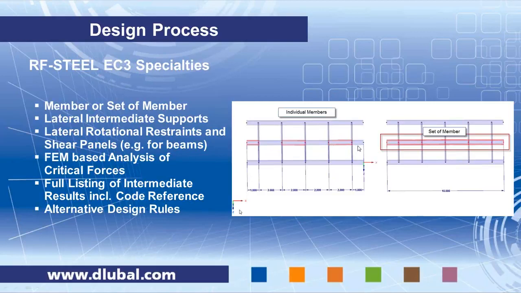So one unity disintegrates into several different parts. So now we can refer the design to the individual members, or we can refer the design to the so-called set of member. So with the use of a set of member, we group again those individual analytical members into one physical construction part.